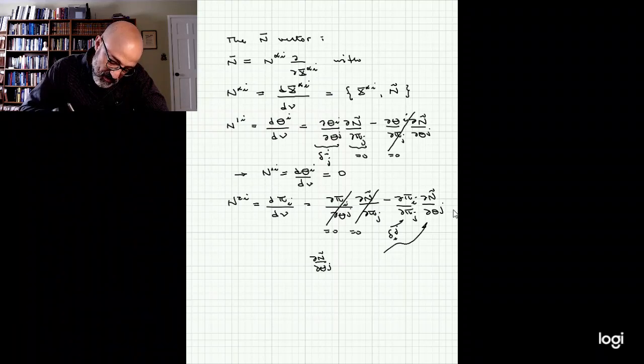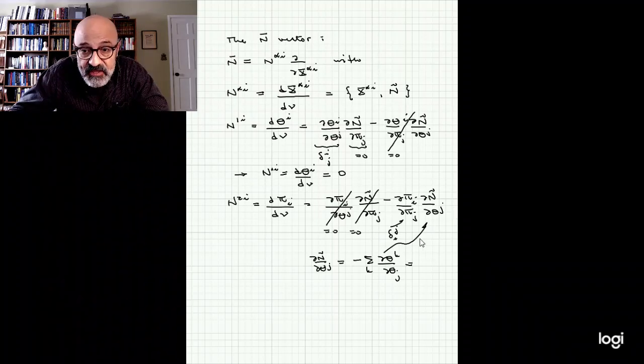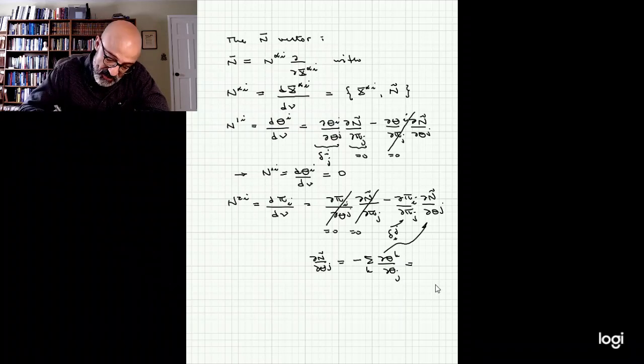d n d theta j is equal to, well, n is 1 minus the sum, so it's minus the sum, d theta j, and the sum, we can put whatever we want here, really, k. So this is just going to be minus d theta k, d theta j, that's just minus 1.